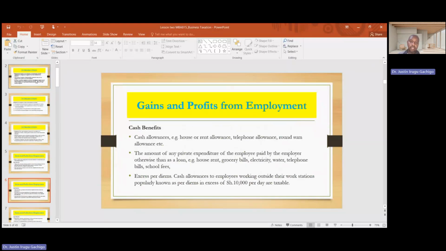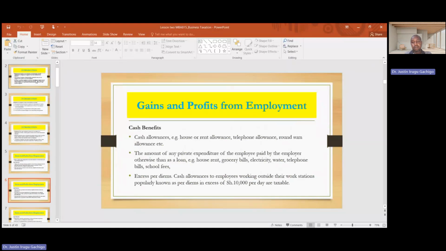Then we have the amount of any private expenditure of the employee paid by the employer, otherwise than as loans. So sometimes the employer may pay some expenditure on behalf of the employee, like electricity, water, telephone bills, school fees, etc. Then we have excess per diem.